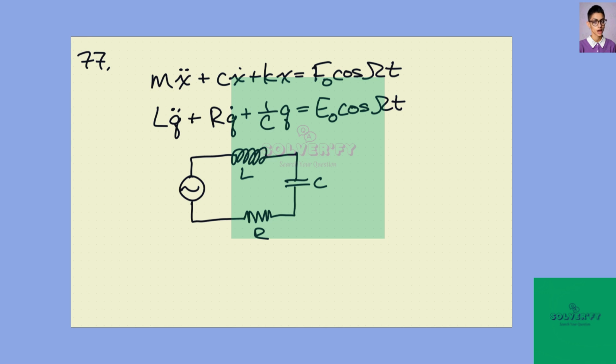And then we have the external force in here, which is basically an AC power supply with a frequency of capital omega and an amplitude of E naught. So the circuit would be just a loop, an RLC circuit with an excitation, with a power supply on it that's creating an alternating current.